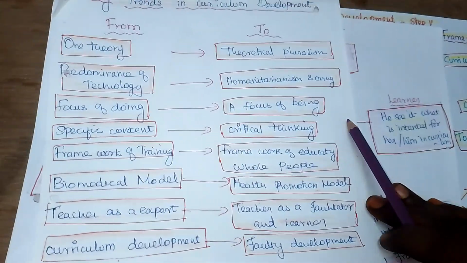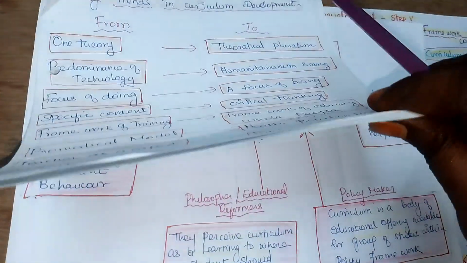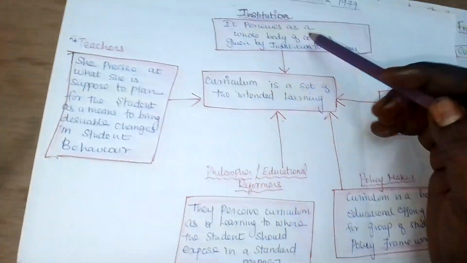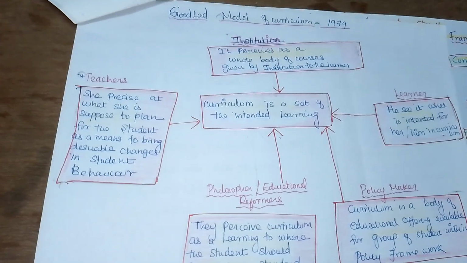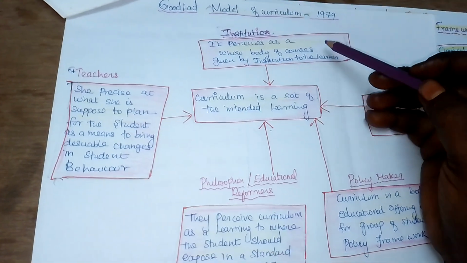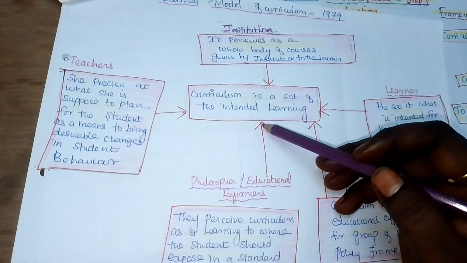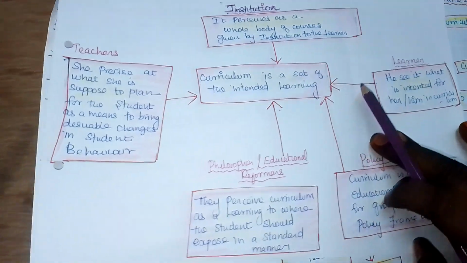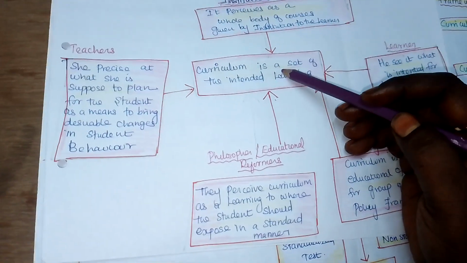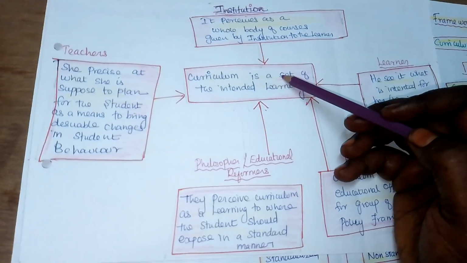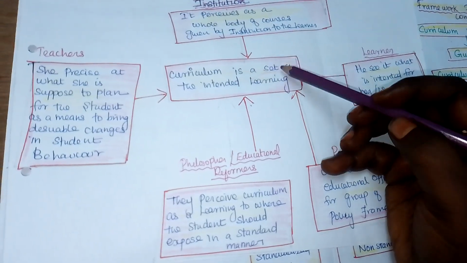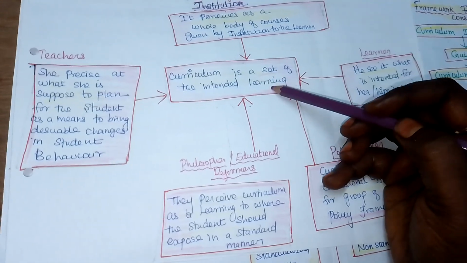Let us see some models if they are asked. This is the Goodlad model of curriculum. Goodlad made it in 1979. Curriculum is a set of intended learning. What do we say in the definition? Curriculum is the sum total of learning experiences planned for a particular group of students in order to achieve the educational objectives.